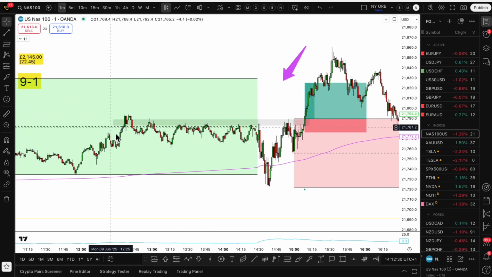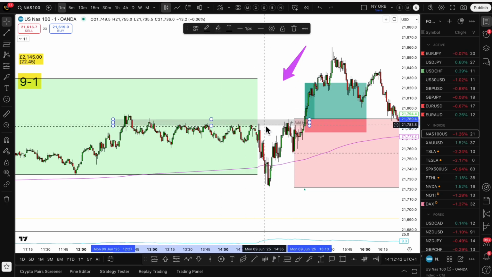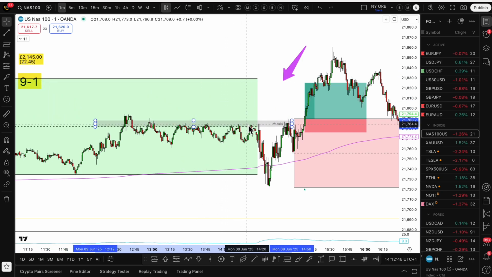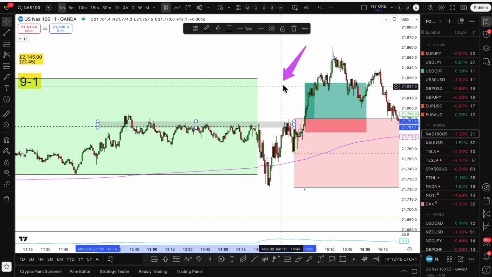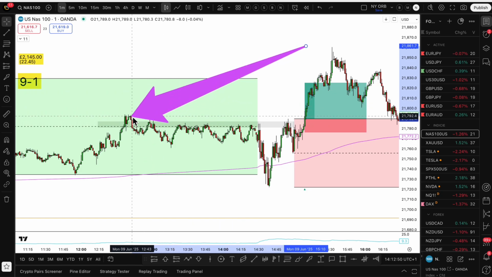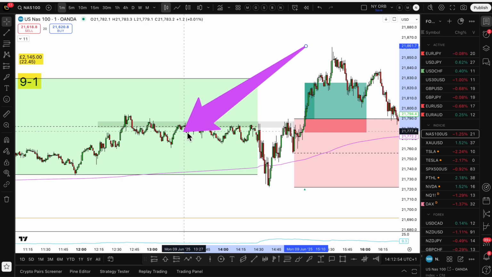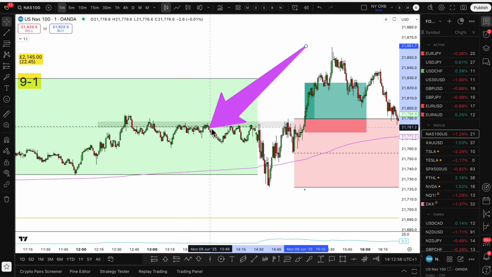We've drawn this little area here, knowing there's no rules here. We don't need to wait on New York opening every time before we start building our story. We've created this box here, saying that this has been acting as resistance. The market is struggling to push up through this area, and it's happened multiple times.